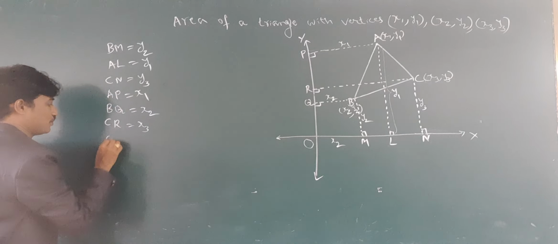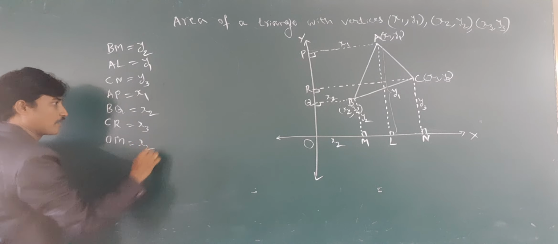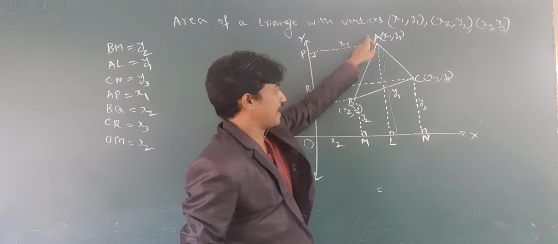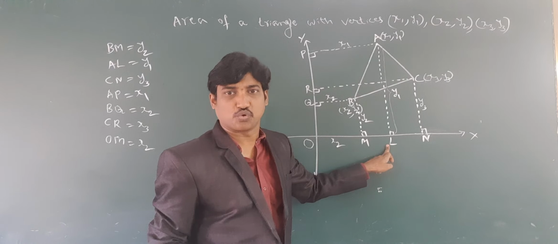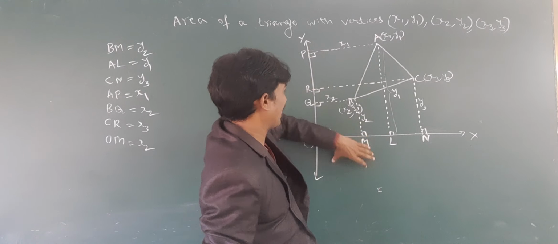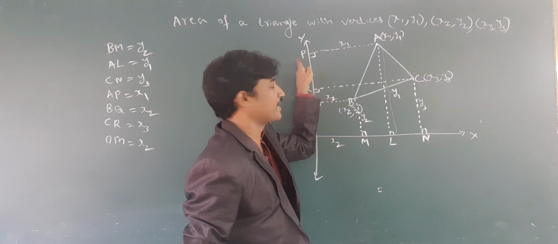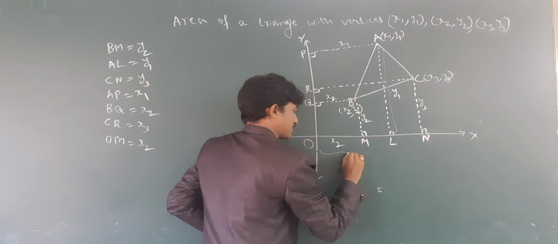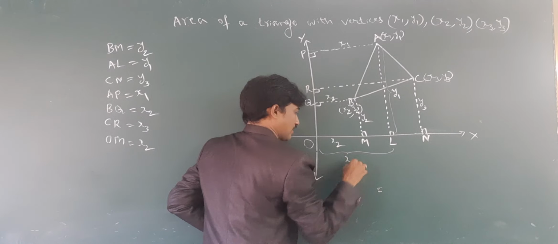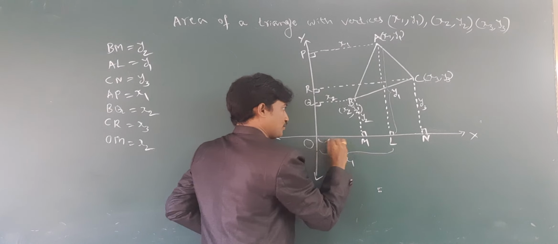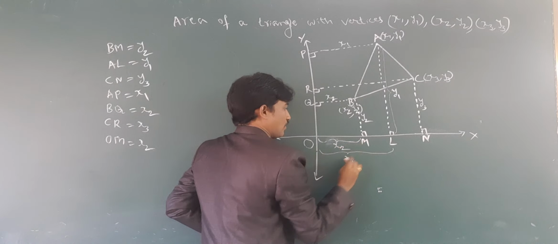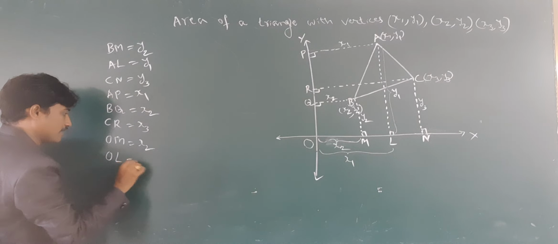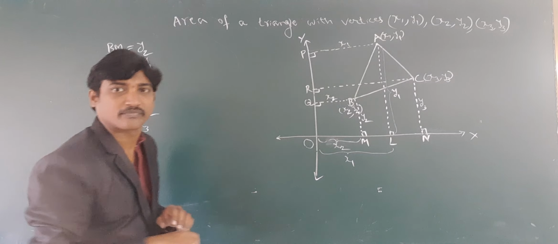And OPAL is also a rectangle, so AP is x1 units and OL is also x1 units.